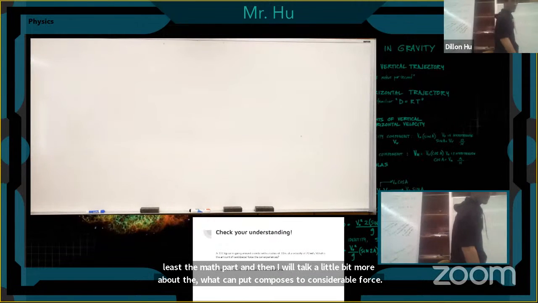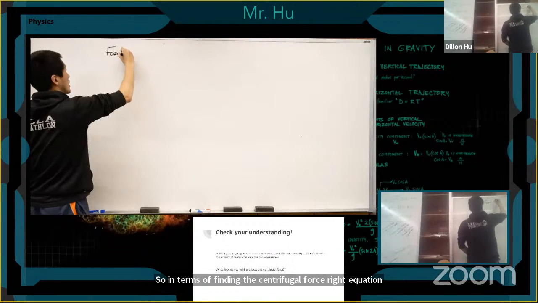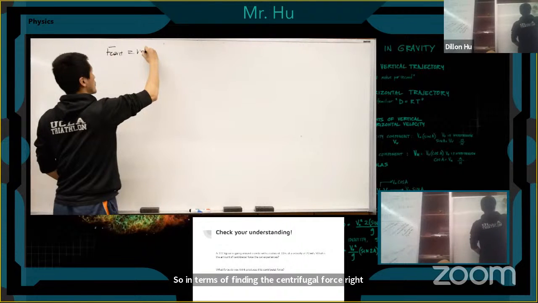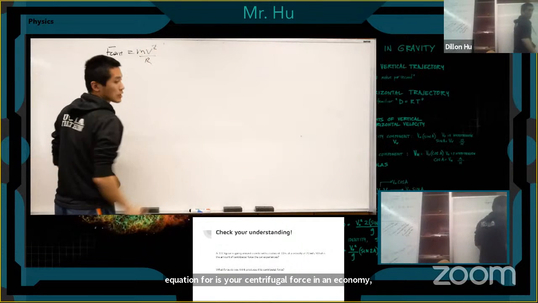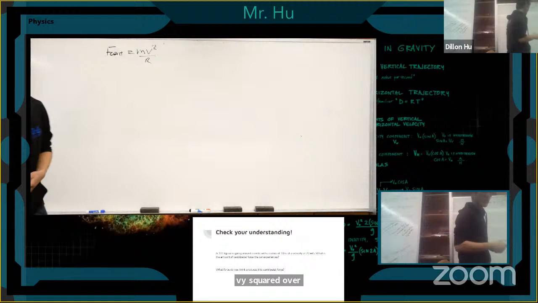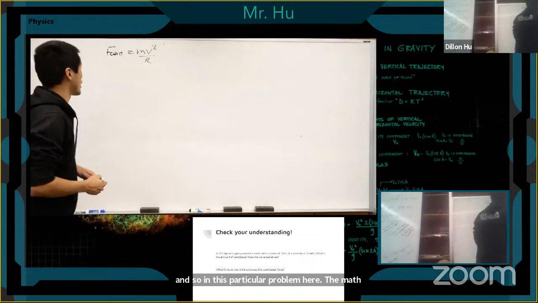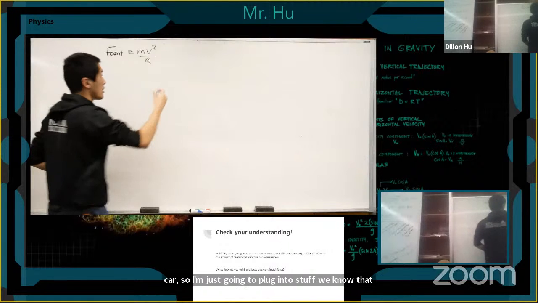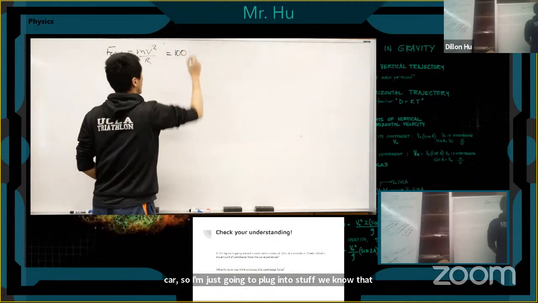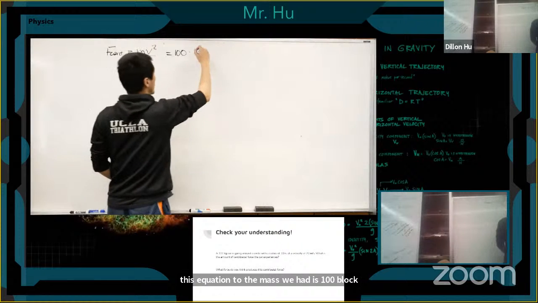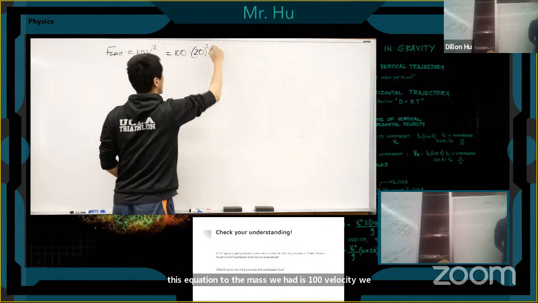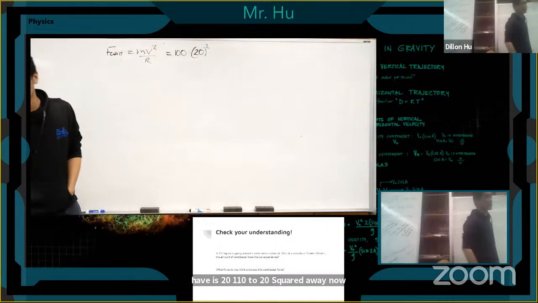So in terms of finding the centripetal force, the equation for it is centripetal force equals mv squared over r. In this particular problem, I'm just going to plug in the stuff we know into this equation. The mass we have is 100, the velocity we have is 20, so 100 times 20 squared, and then we divide it by the radius, which is 10.